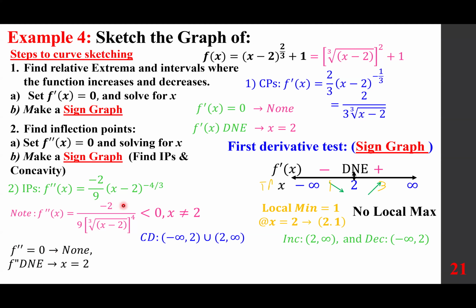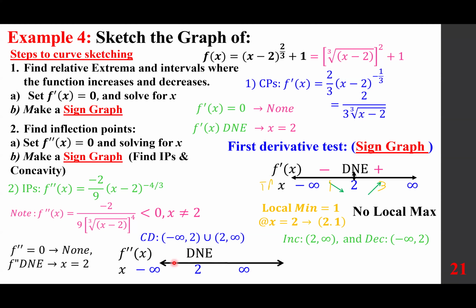F double prime is zero: no solutions, because the number being negative or positive makes no difference. F double prime doesn't exist when the denominator is zero. And you put, again, a number line from negative to positive infinity, and at 2 it doesn't exist.